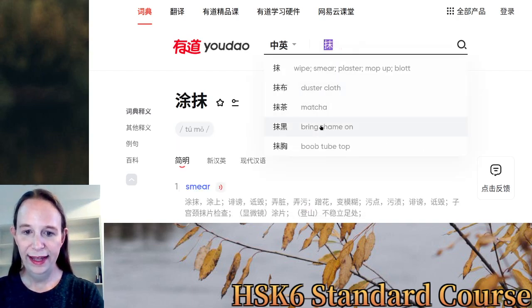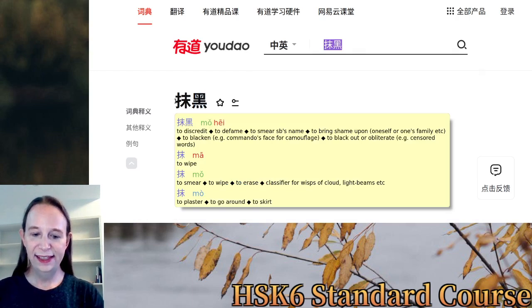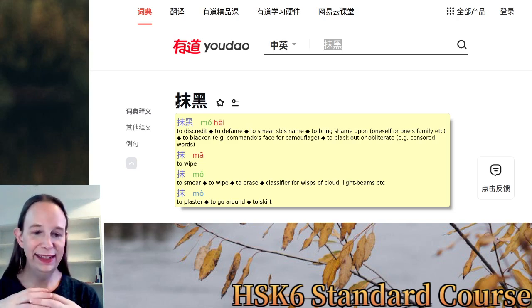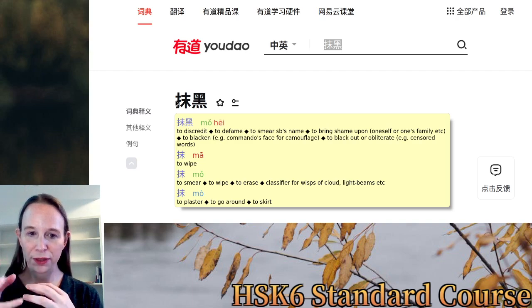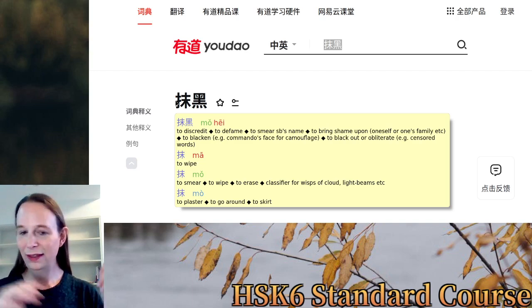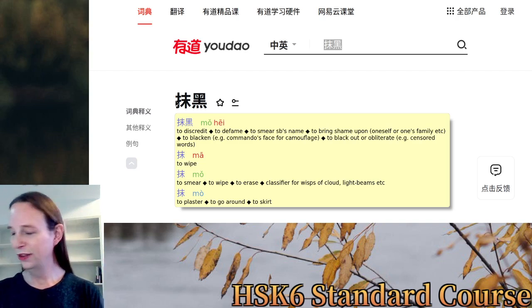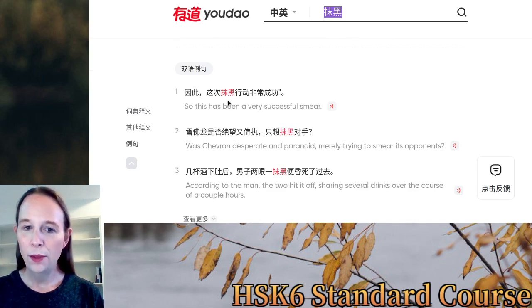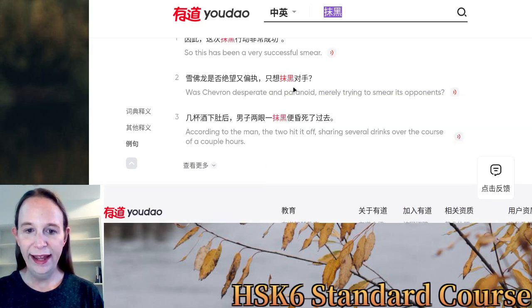So 抹黑. So it's smear and to cause it to go black. So you often talk about 抹黑你的荣誉, is it 荣誉? 声誉抹黑. Let's see what examples here. 抹黑行动非常成功, 抹黑对手. Okay, so your 对手 is your opponent.